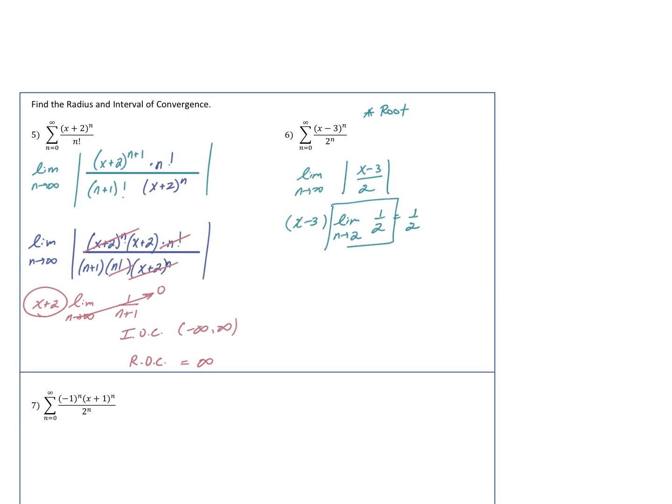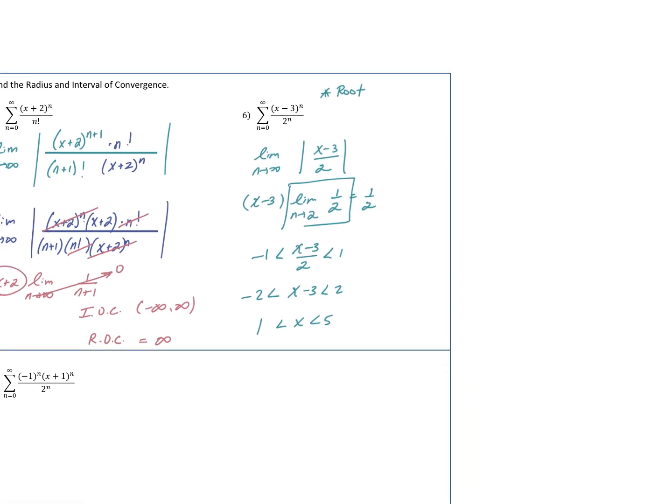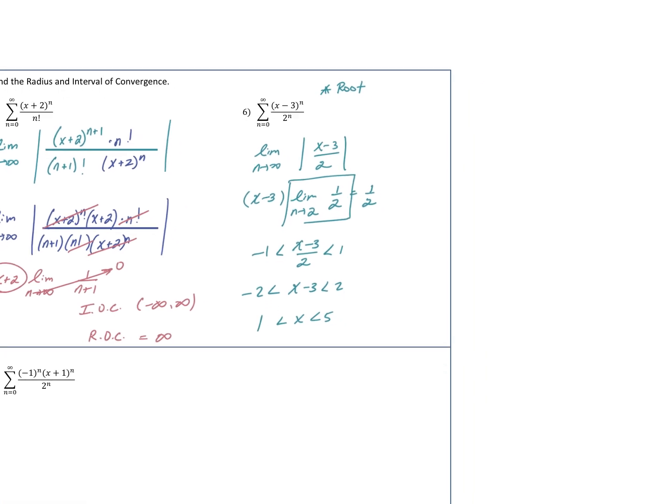So we're going to get x minus 3 over 2 less than 1, greater than -1. So x minus 3 is less than 2, greater than -2. So we get x is less than 5, greater than 1. And then we just want to check the endpoints here.